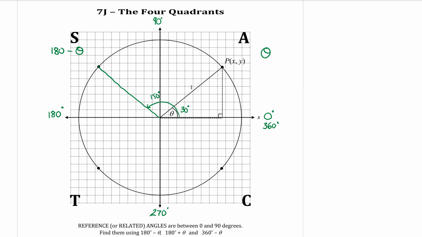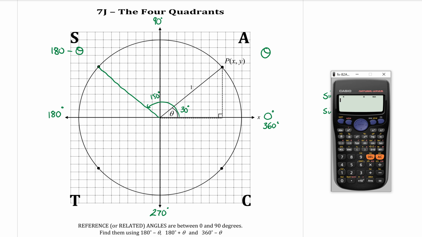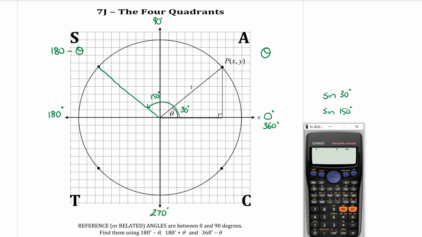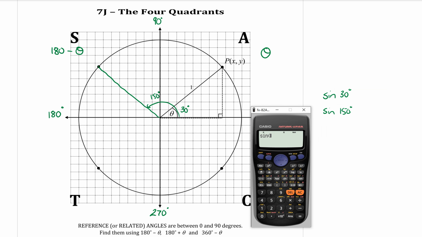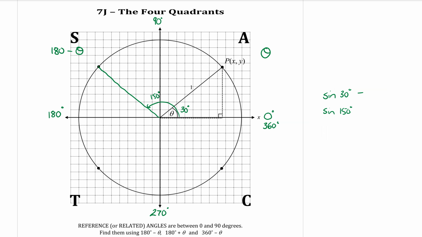Now what happens if I type in sine of 30 into my calculator? And what happens if I type in sine of 150? Well, let's have a look. Sine of 30 is equal to 0.5. Let's try the next one.